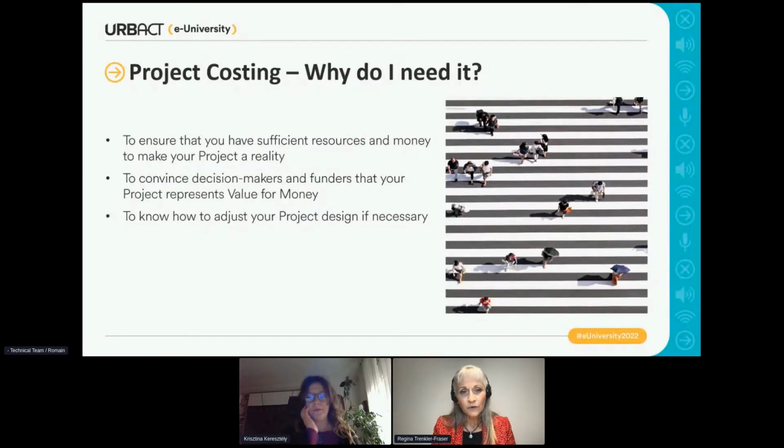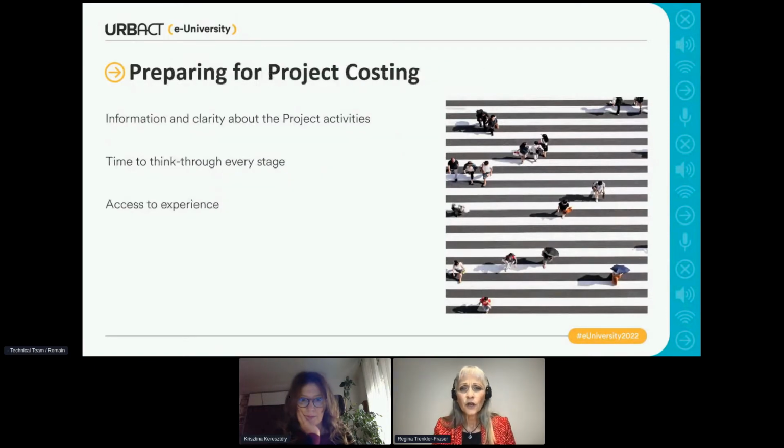In the next slide, I would like to show some of the essentials of preparing a project costing. Of course, costing a project is not rocket science, but you do need some time, as I said already, to get in the zone, to engage with your project.